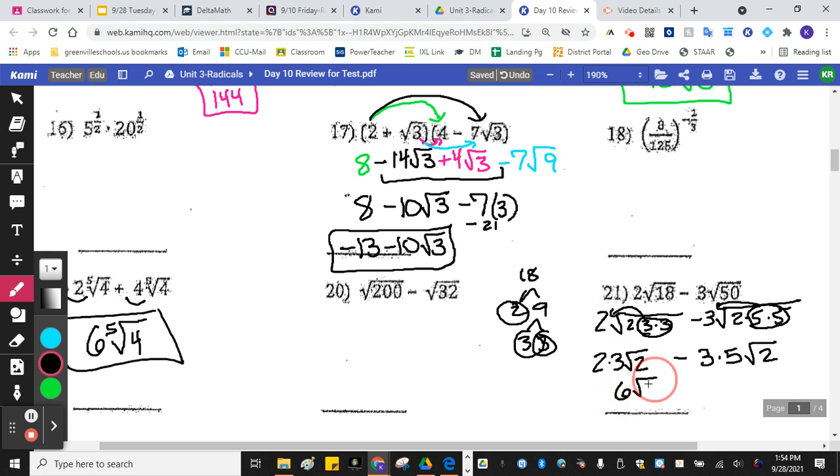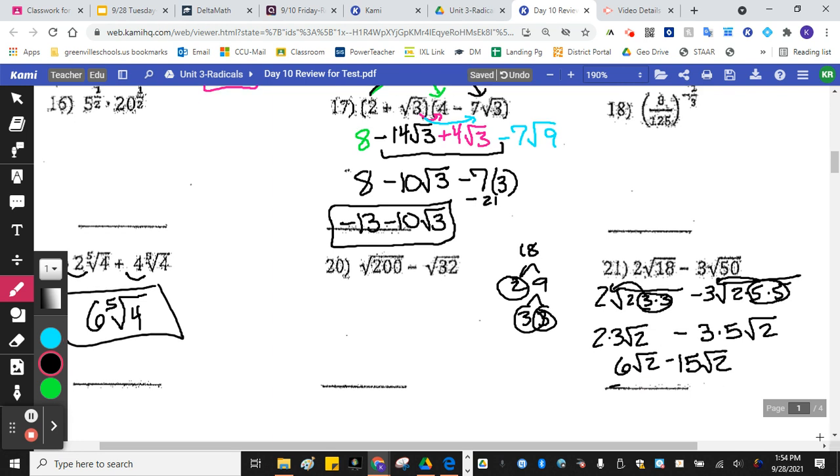So 6 square root 2 minus 15 square root 2. And now they're both like terms, and you can add the coefficients. So negative 9 square root 2. So that's what you'll do on 20.